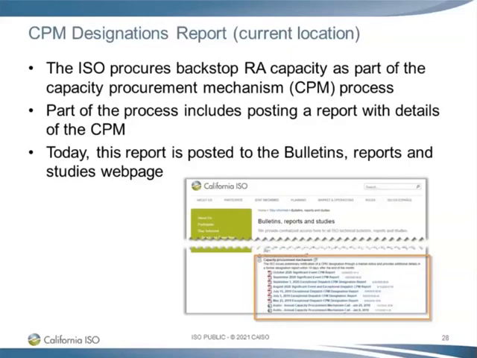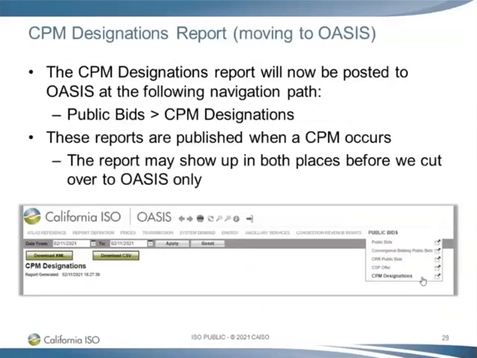So part of the process around CPM designations includes posting a report with the details of that CPM. Today, this report is posted to the Bulletins, Reports, and Studies webpage, and we're going to be moving it to Oasis. So the CPM designations report will now be posted to Oasis at the navigation path off of the Public Bids tab.